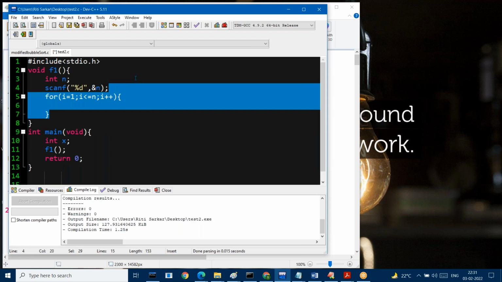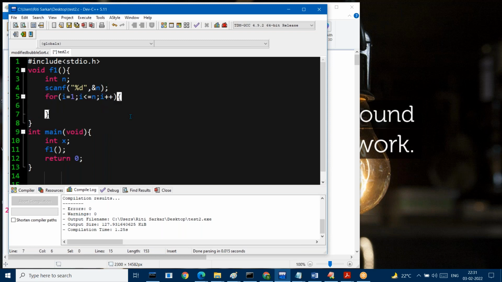Today n value is 10, tomorrow 20, next time 30. And your increment value is a constant, always 1. Maybe you can keep it 2, maybe 3. So remember that the time complexity of a loop is considered order of n if the loop variable is incremented or decremented by a constant amount.